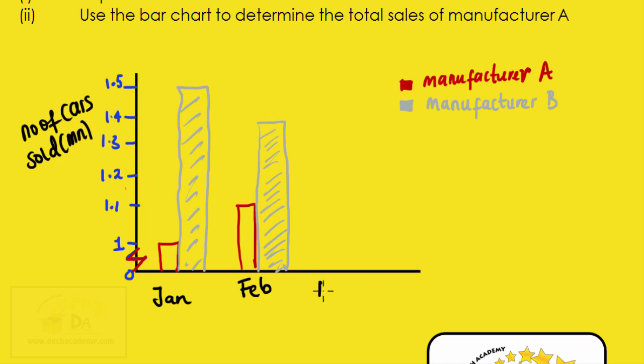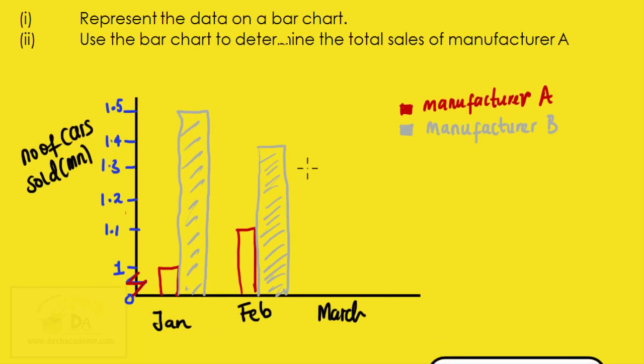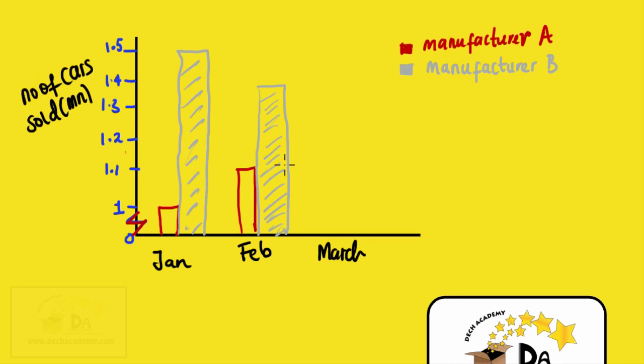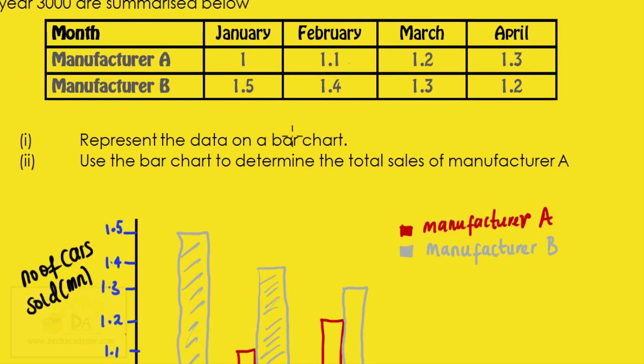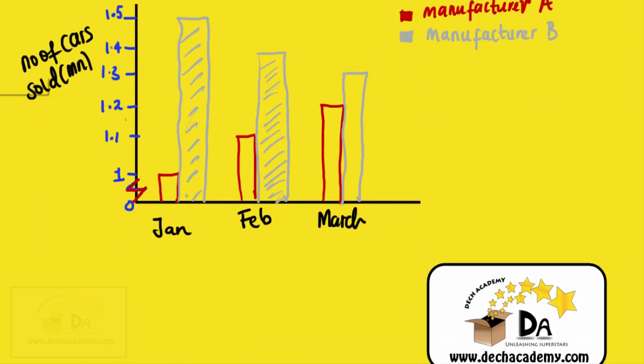Month of March, 1.2 and 1.3. 1.2 for manufacturer A, so I'll quickly do that. 1.2 somewhere around here. And for manufacturer B, it's 1.3. And then the month of April, 1.3 and 1.2.